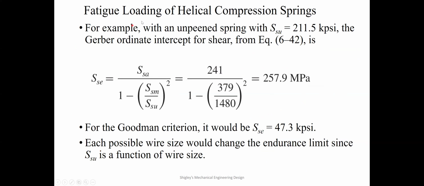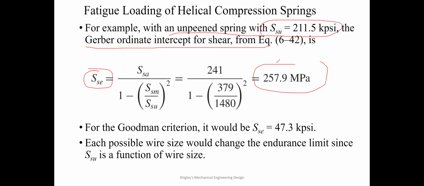Okay, and for fatigue loading for the helical compressive springs, this is the example with the unpinned spring, whose SSU, and by using the Gerber for the shear, we can get SSE, the shear endurance limit. And by the Goodman, SSE equals 47.3 KSI.